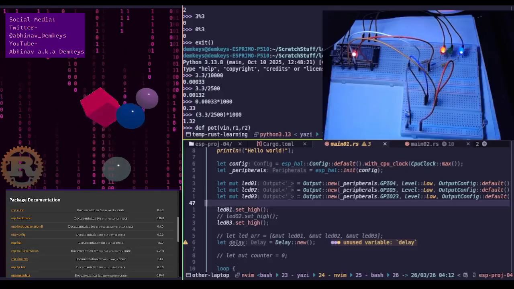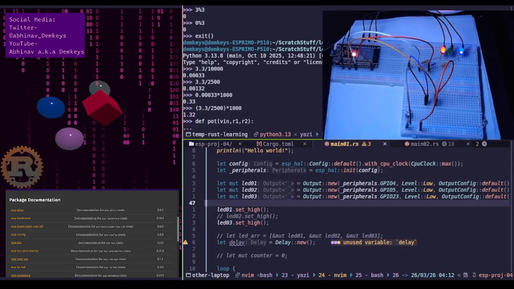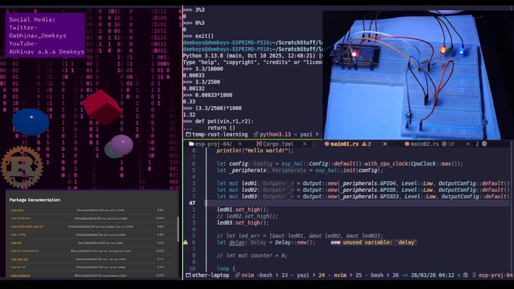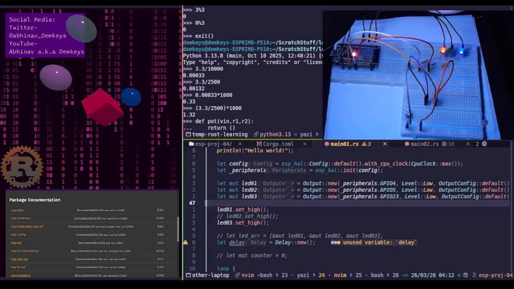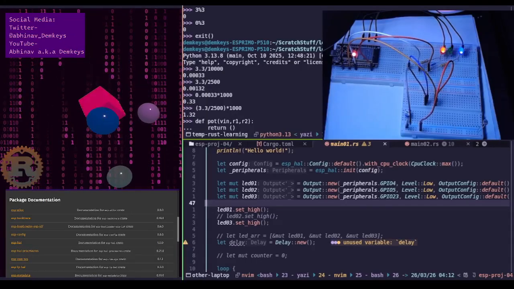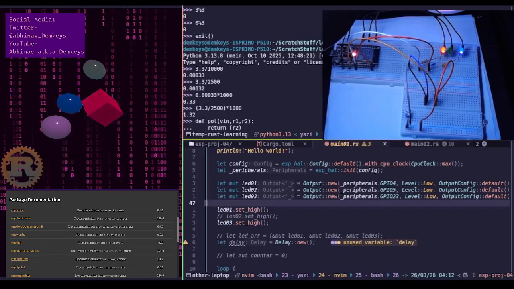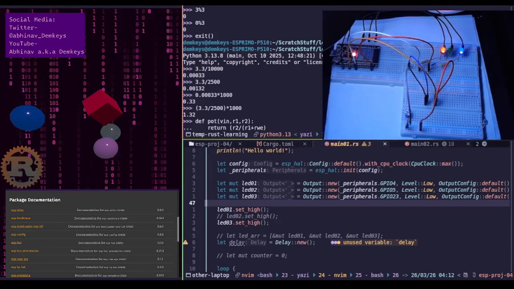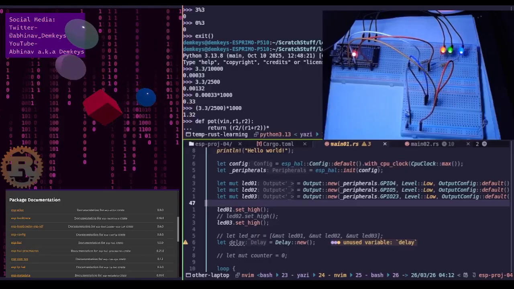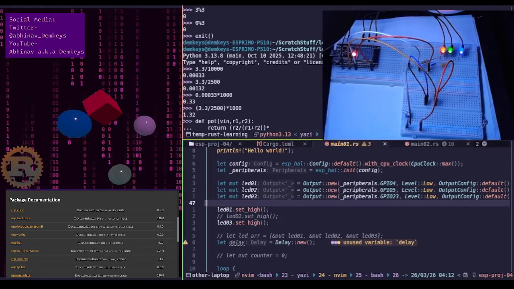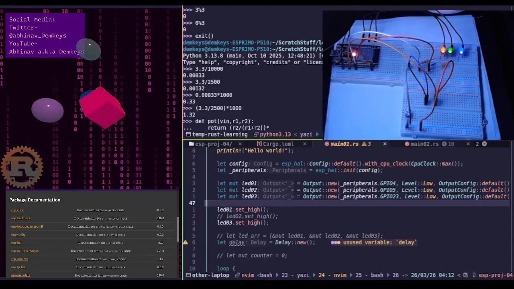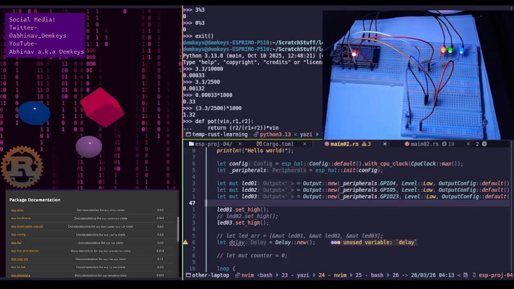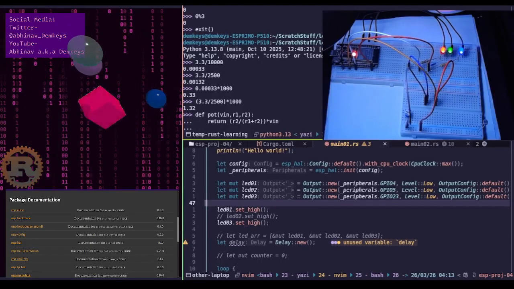Then we are going to return R2 divided by (R1 plus R2), multiplied by V in. So that's what we are supposed to be returning.